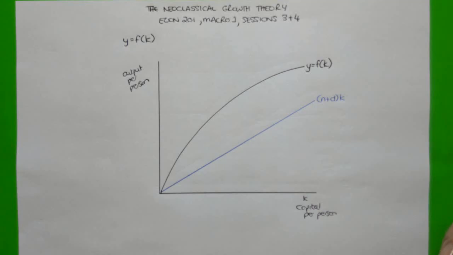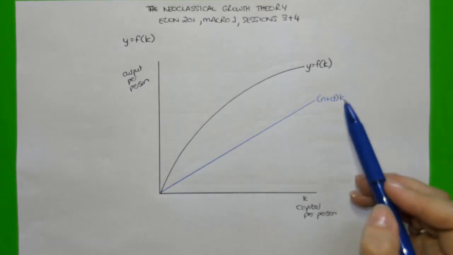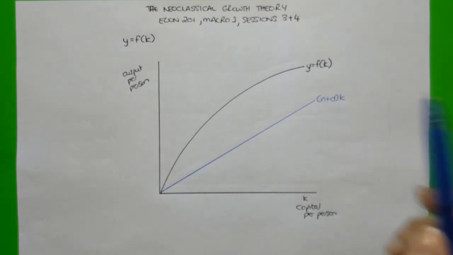Both of these things, increasing population levels caused by the population growing, and the depreciation of capital, which causes capital stock to lose value or become worn out and obsolete, those two things together will cause capital stock per person to decline unless there is sufficient investment per person taking place to maintain the existing capital to labor ratio.